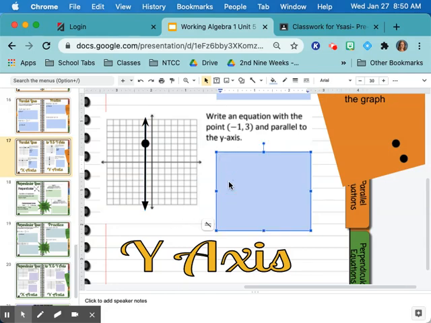So which acronym will I use? HOY or VUX? VUX. So what's our equation going to be? Yep, x equals -1. Good. So it's important to remember HOY and VUX because that helps you determine how you're going to write your equation as x equals a number or y equals a number.